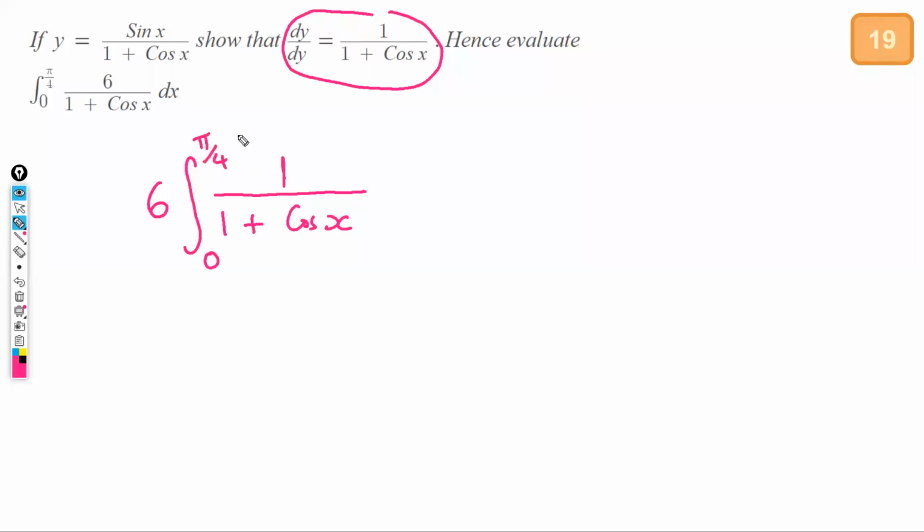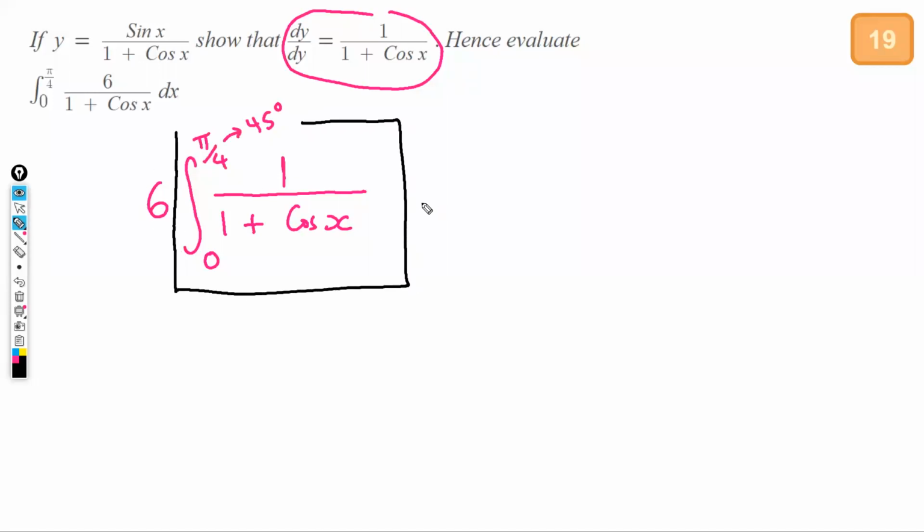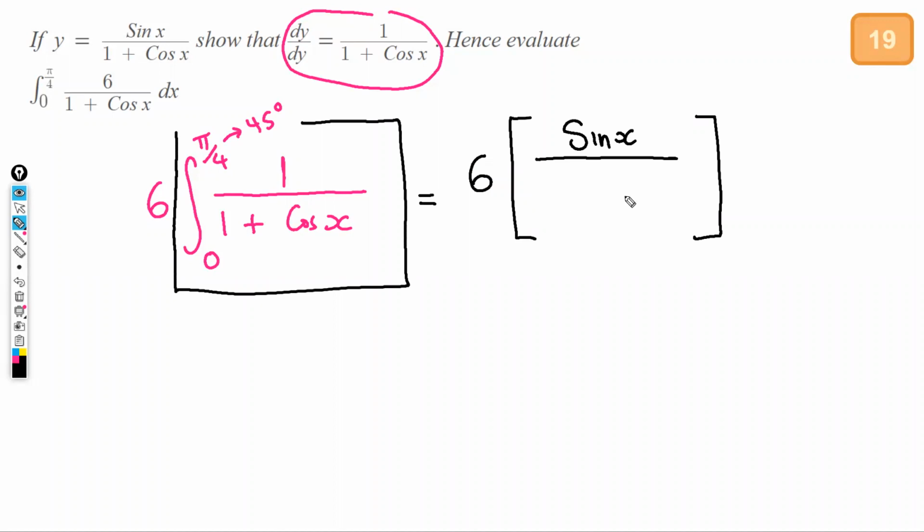Remember, pi on 4 is 45 degrees, for those who couldn't remember the radians. So if we integrate this portion with the 6 outside, we will get 6 big square brackets, and we will get sine x divided by 1 plus cos x.